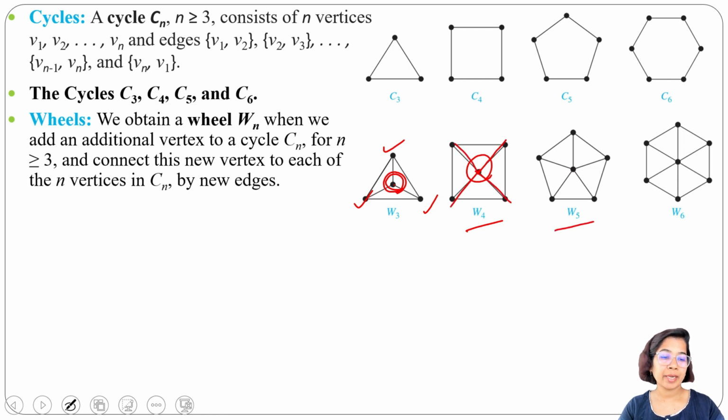Next W5, there are 6 vertices. It's C5 and we add one vertex in the middle and add an edge to every other vertex, and we get the wheel W5. Next W6, a wheel of 7 vertices.